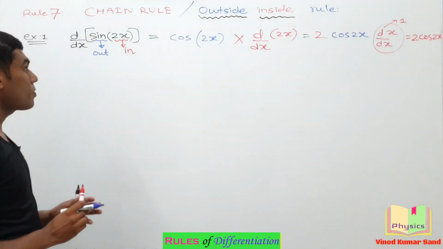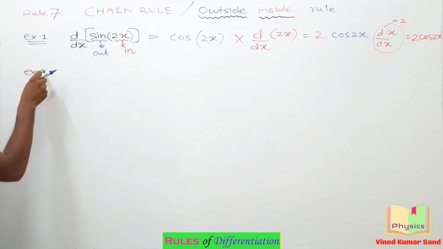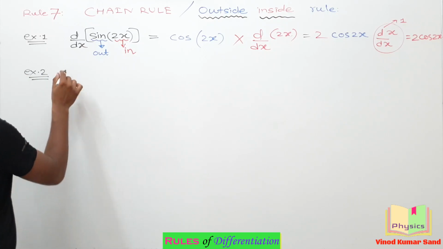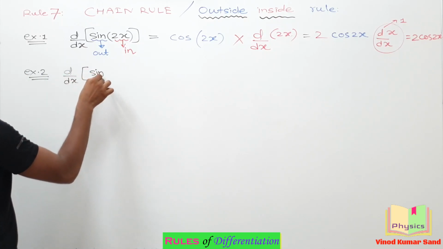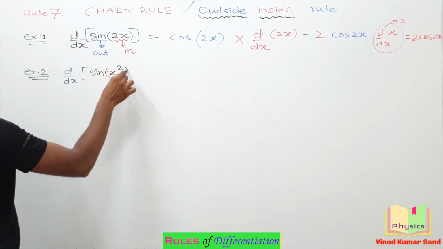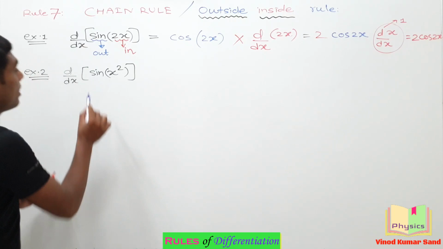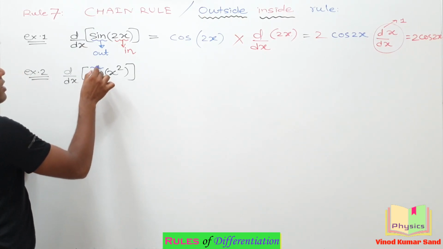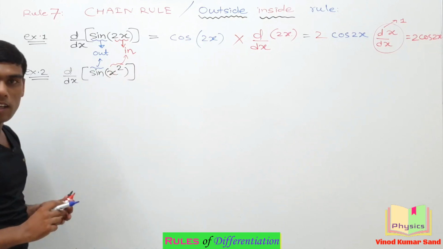Clear? Taking up another example. Example number 2. Suppose you have d by dx of sine of x square. Can you give it a try yourself? Here the sine function is the outside function and this x square is your inside function.